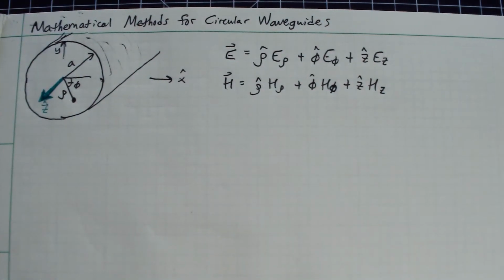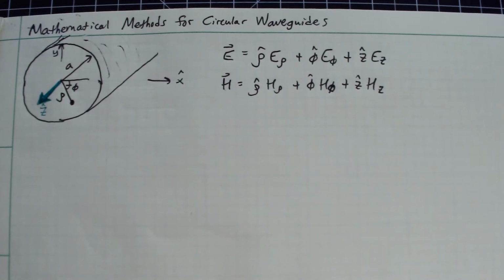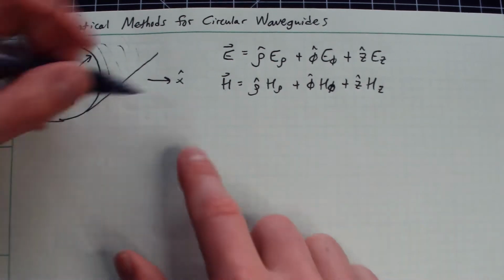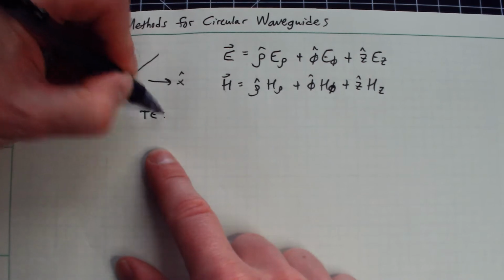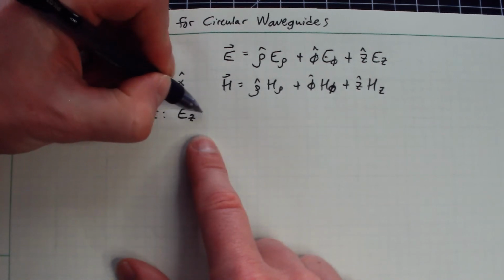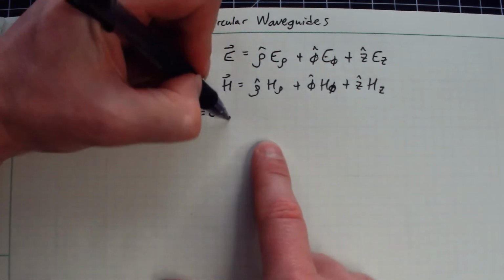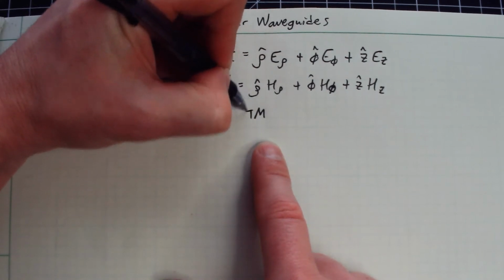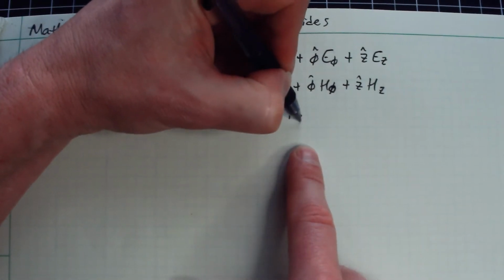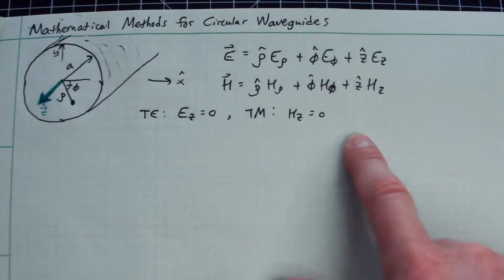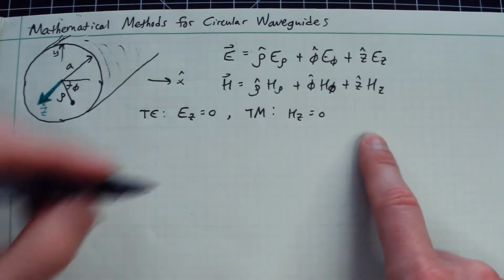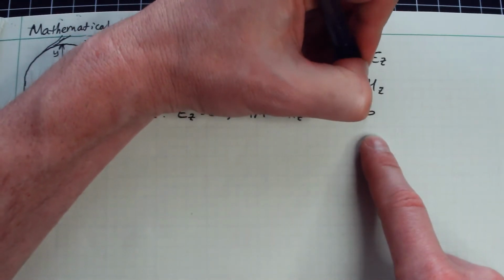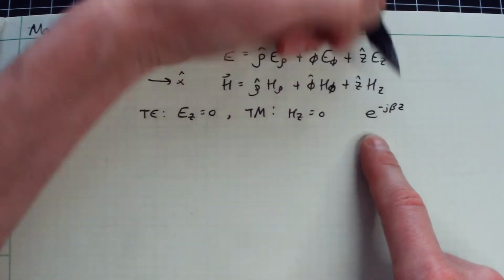And depending on your polarization, we're still going to have that same TE or TM polarization. TE polarization will imply E sub z is equal to 0. And if I said TM polarization, that would imply H sub z equal to 0. We're also going to assume that same z dependence of e to the minus j beta z.